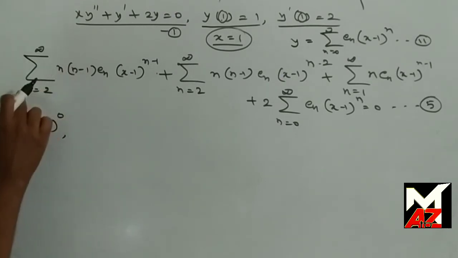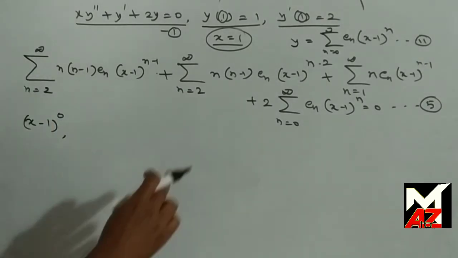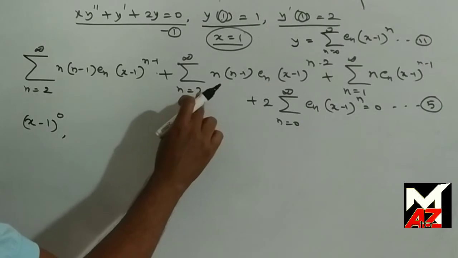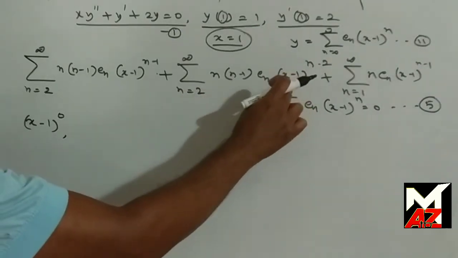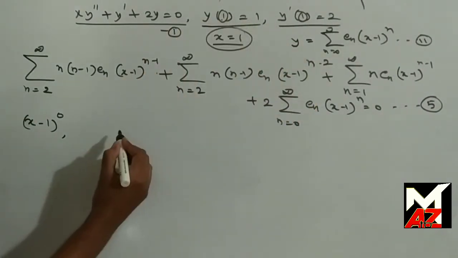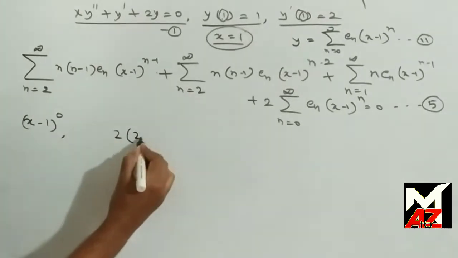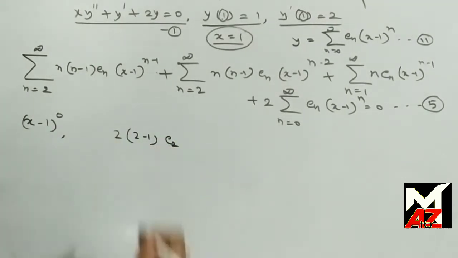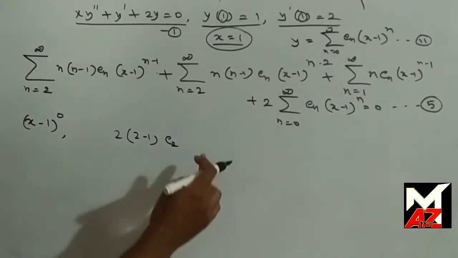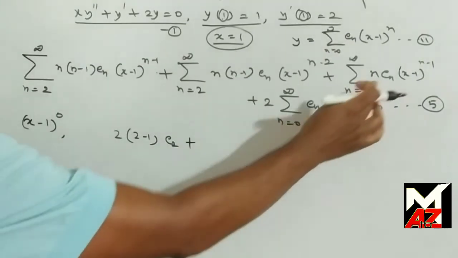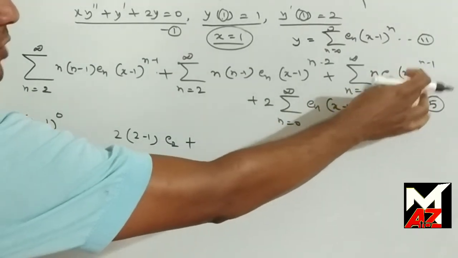So here n not equal to 0 because here n starts from 2, and if we put n equal to 2, then we get x minus 1 to the power 0, that is 2 into 2 minus 1 into C2, and from here we get x minus 1 to the power 0.